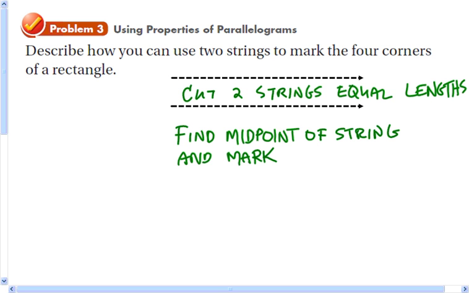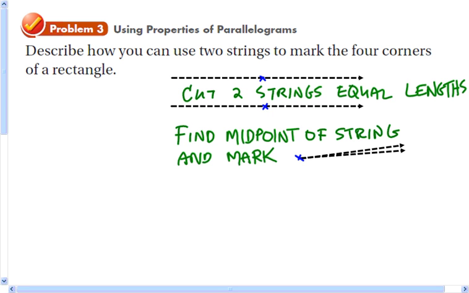If I fold the strings and match up the ends, then I would know where the midpoint is, and I could put a little mark, like maybe a ribbon, on each string. So now we have those 2 strings marked with the midpoint.